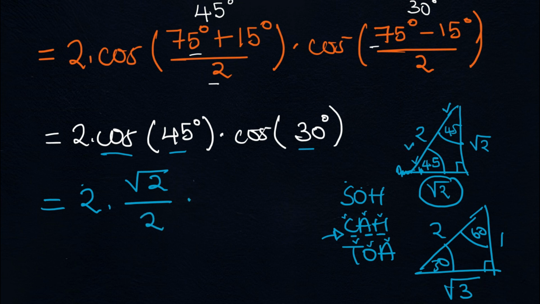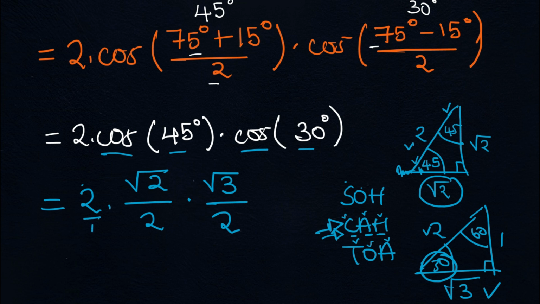And then this is going to be multiplied by cos. So we are still going to stick with the CAH part of the SOHCAHTOA, wherein cos is equal to adjacent over hypotenuse. This time we're looking for the cos of 30, and 30 is in the special right-angled triangle number 2. The adjacent is the square root of 3, divided by the hypotenuse, which is the longest side, so it is going to be 2.